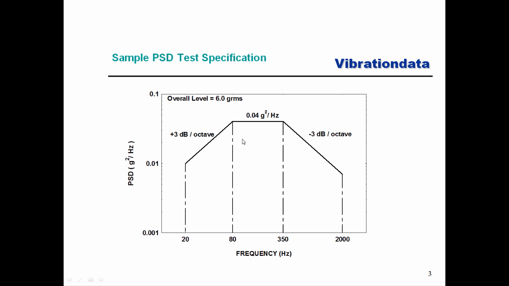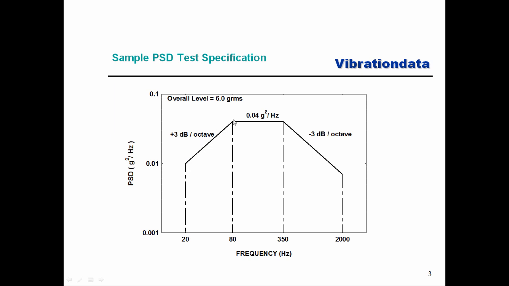Now this is a case history. This is an actual published spec. When we look at this spec, we can see, okay, our first coordinate is at 20 hertz, and that has an amplitude of 0.01 g squared per hertz. That's pretty easy to pick off that breakpoint. And then the specification shows a slope. It's plus 3 dB per octave.